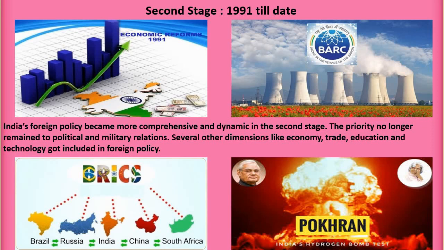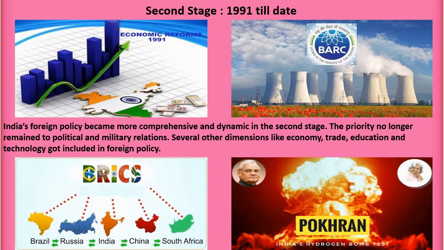And the first chairman of the Indian Atomic Energy Commission was Dr. Homi Bhabha. Even though electricity generation was the main purpose behind the program, it also aimed at creating military capability.